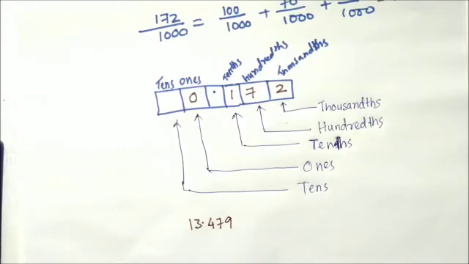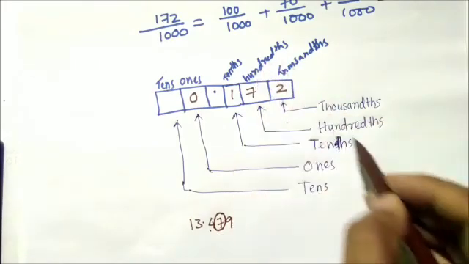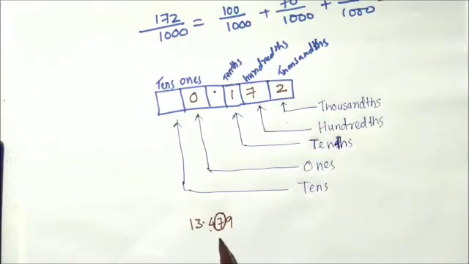If I ask you, the number 7 is sitting at which place, you will immediately tell me that after the point it is tenths. This position is called tenths, and this is hundredths, and this is thousandths. So the 7 is sitting at the hundredths position, right? Similarly, the 9 is sitting at the thousandths place.